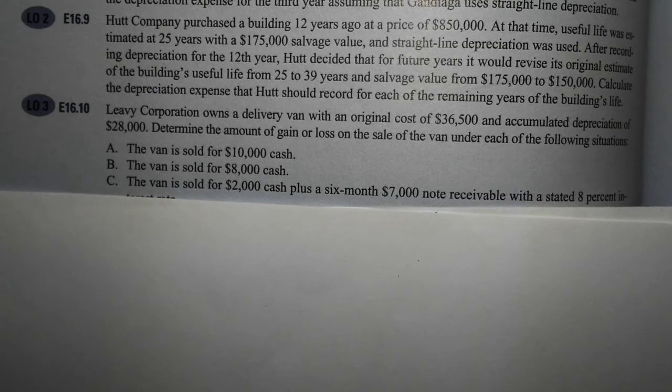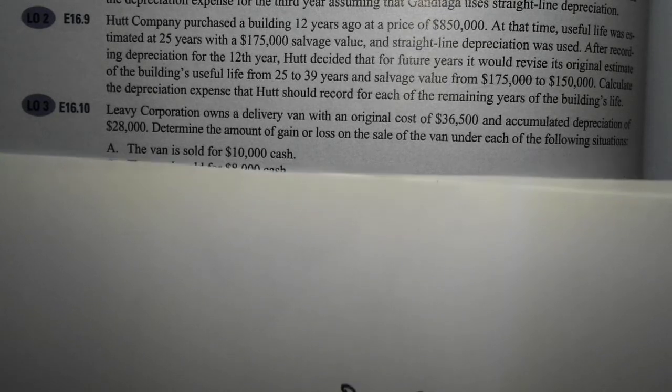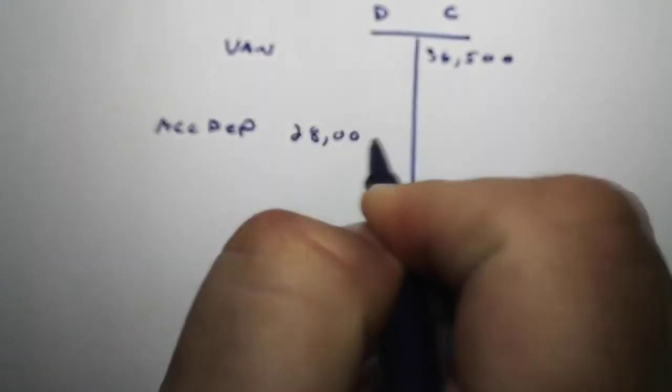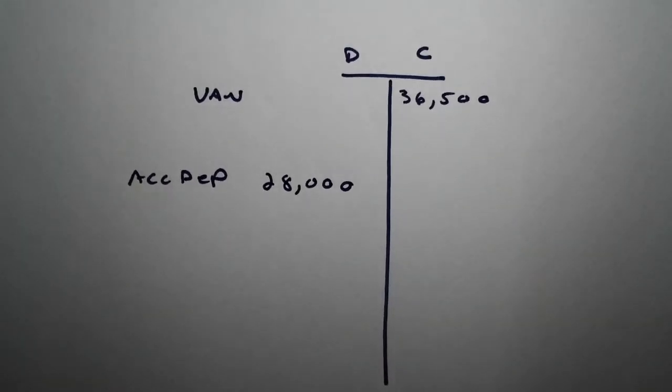So determine the amount of the gain or loss under that condition. So we're just going to assume that accumulated depreciation was $28,000. Okay, so if we credit van $36,500 and we debit accumulated depreciation $28,000, we're at a point where our books have eliminated the delivery van and its depreciation value up to that point in time from our books.